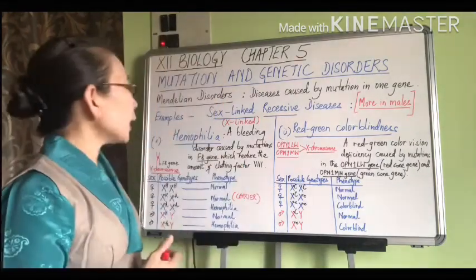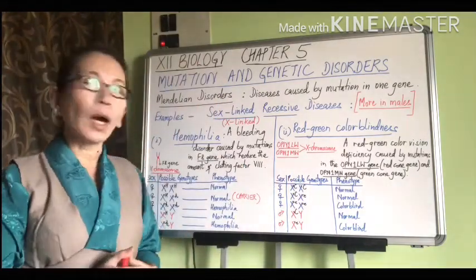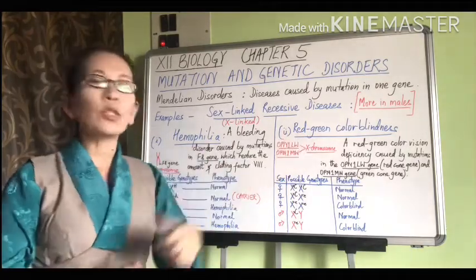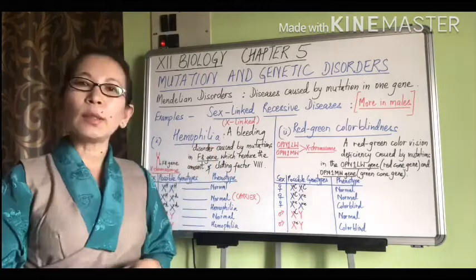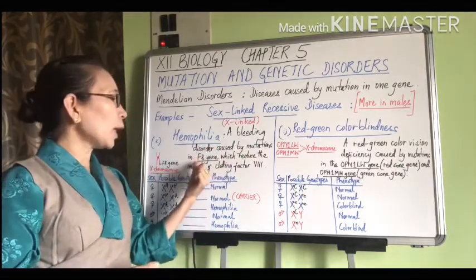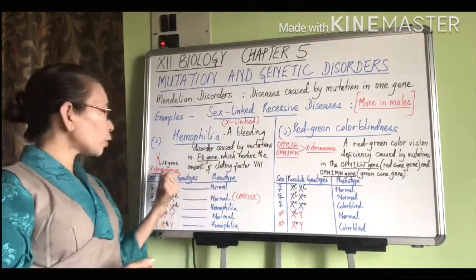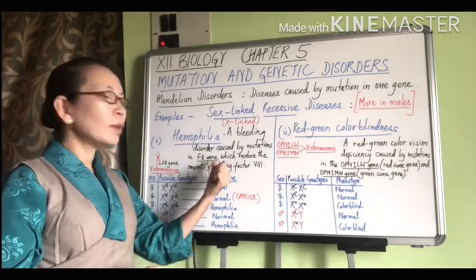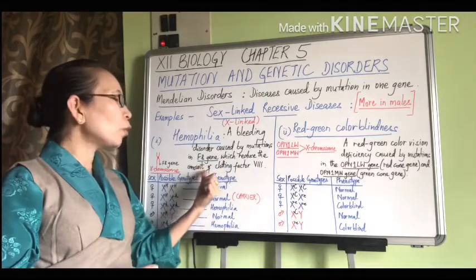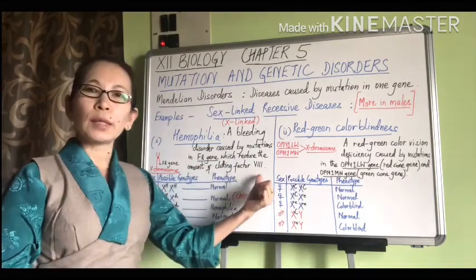The 2 X-linked recessive diseases that we will learn are hemophilia and red-green color blindness. Hemophilia is a bleeding disorder caused by mutations in the F8 gene, which is located on the X chromosome. Because of the mutation in the F8 gene, these individuals produce very low amounts of clotting factor 8.